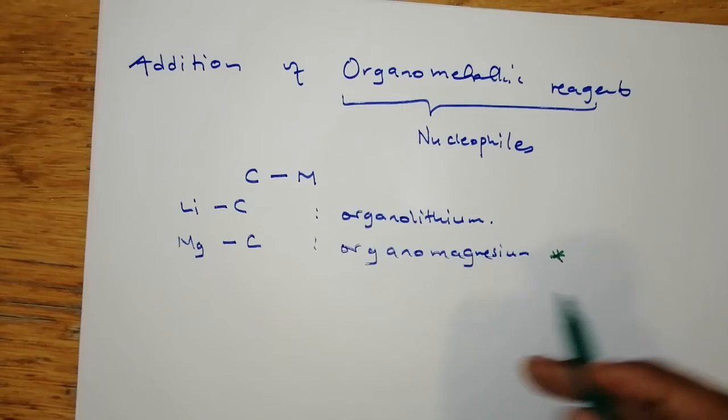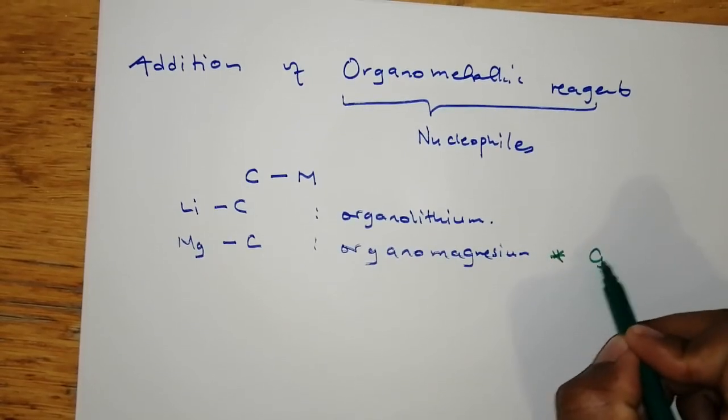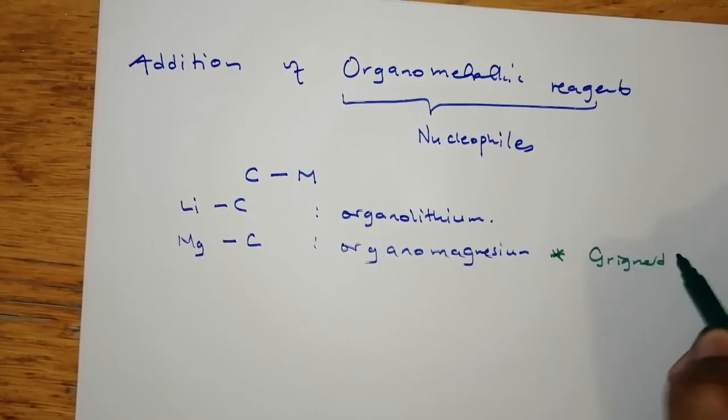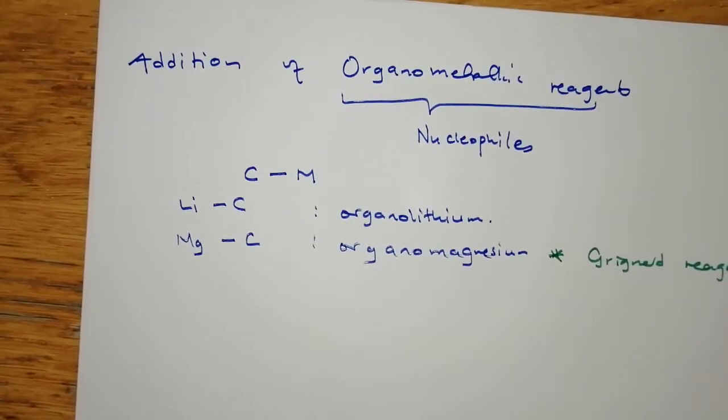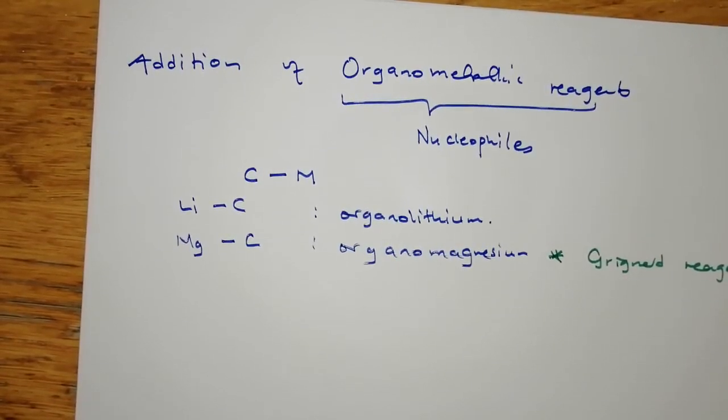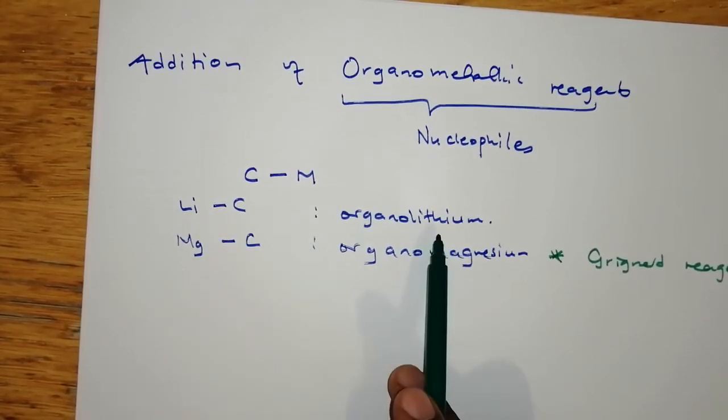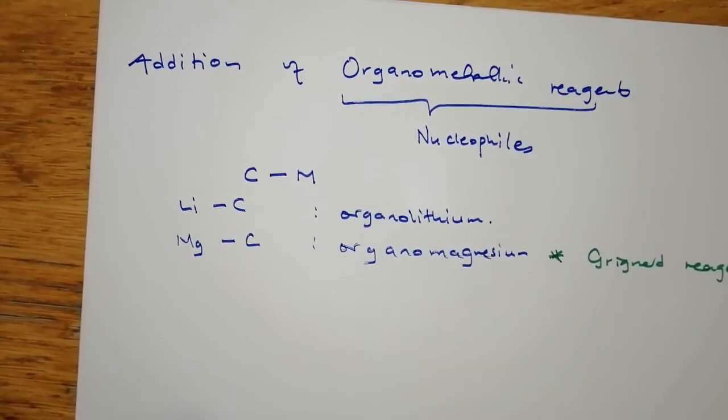We call them the Grignard reagents. So in this case, we have an organolithium and an organomagnesium.